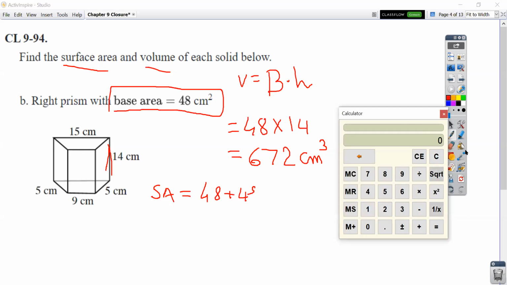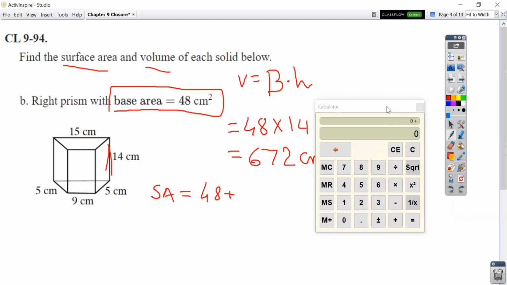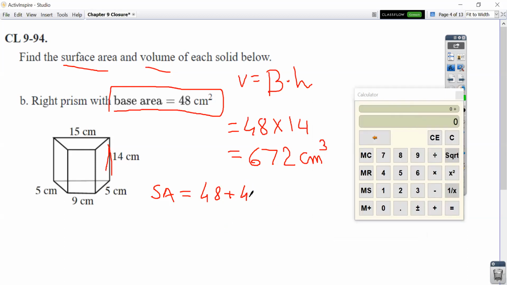The top and the bottom we already finished. Now we just add everything else around. Let's add this one first: 14 times 5.